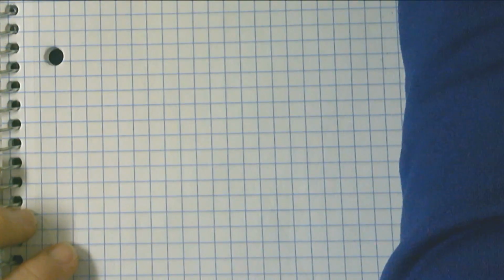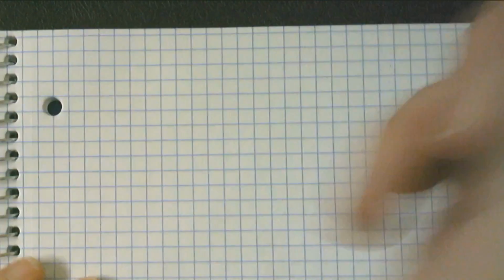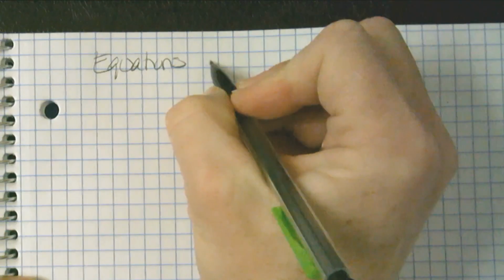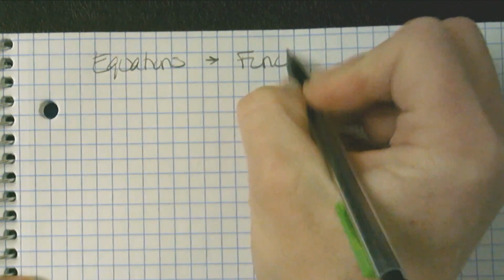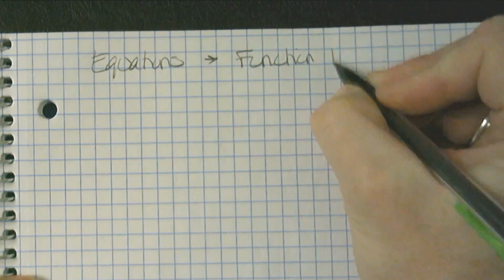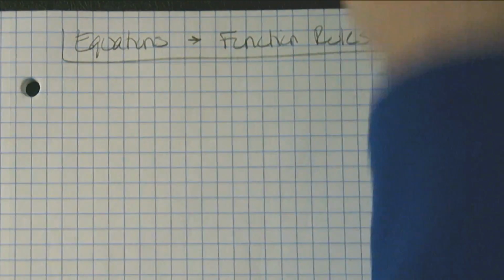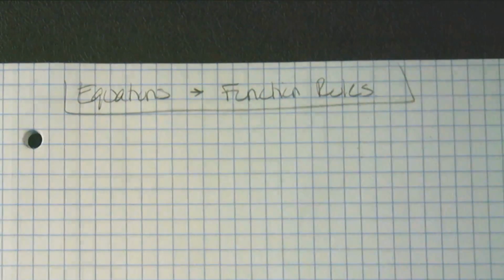So let's talk about equations, but there's another phrase that we use in this section for equations. Equations are really function rules. It's a mathematical rule.